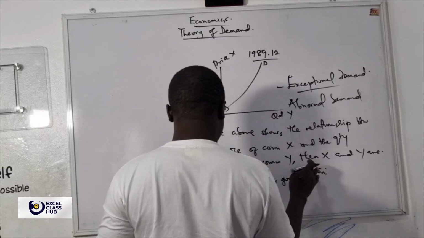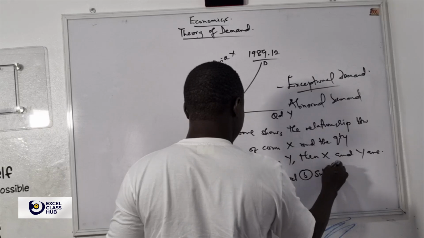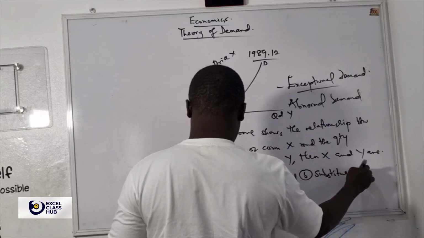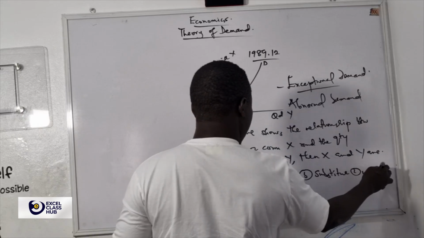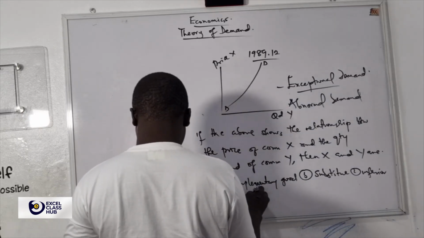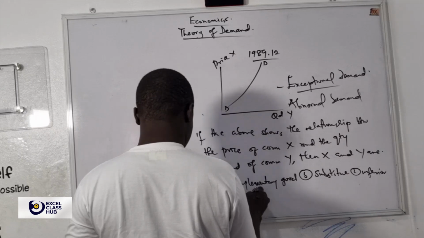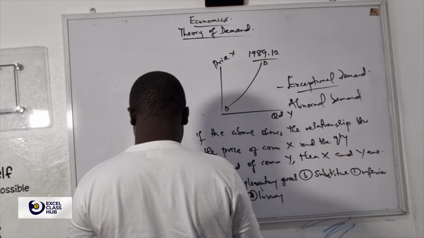What I put there is supposed to be substitute, but there's a mistake in the past question. Option C, inferior goods, and option D, luxury goods.